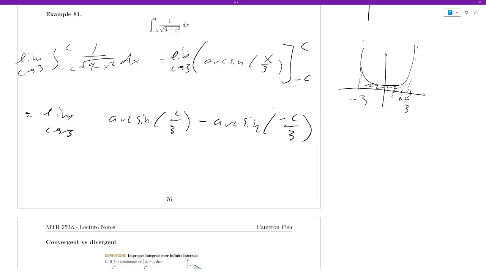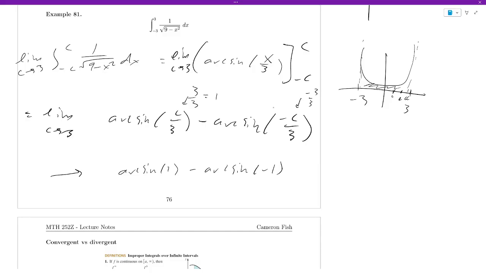As c is approaching 3, this is approaching 3 over 3, right? And this is approaching negative 3 over 3. So I'm getting closer to arc sine of 1 minus arc sine of negative 1. So as long as those are legitimate numbers, then that's a totally fine way to think about it.